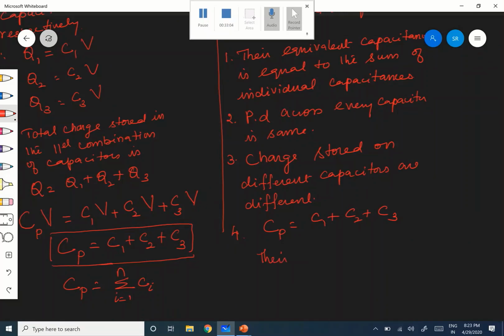Their equivalent capacitance is equal to the sum of the individual capacitances, so the equivalent capacitance is more than the largest capacitance in the combination.